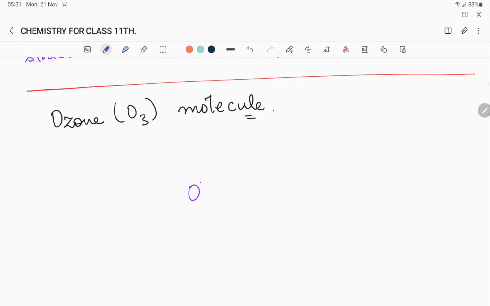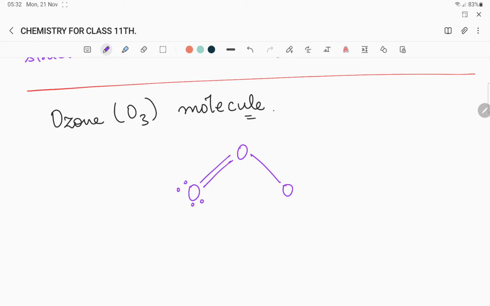So if you know how, you can draw the Lewis structure like this. There are two oxygen atoms connected by a double bond and the other two oxygen atoms connected by a single bond, and one oxygen atom is common to both.